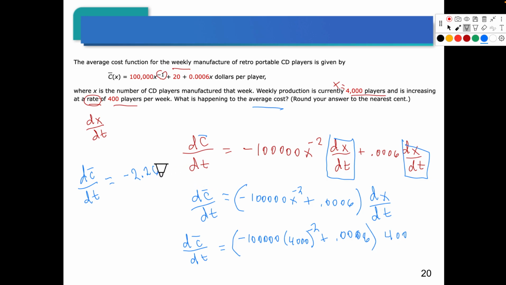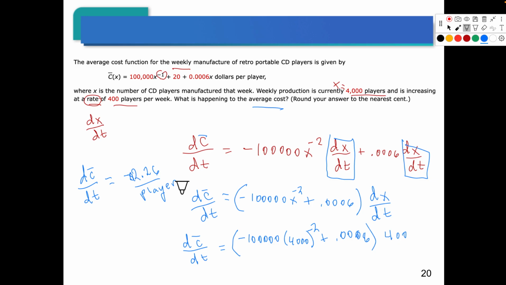And what is that? Well, it's cost, right? It's how cost is changing, so that would be $2.26 per player. The average cost is reducing by $2.26 per player. So these are negative dollars per player. And again, for the homework, you don't have to plug that part in.